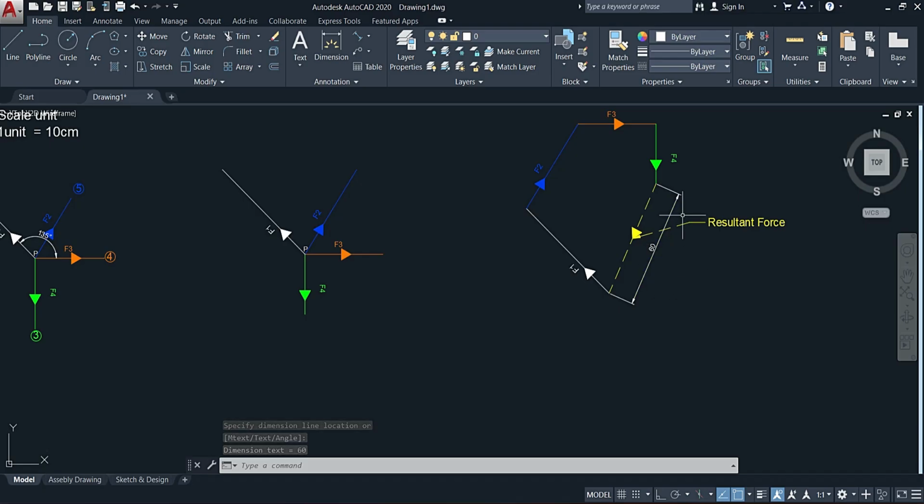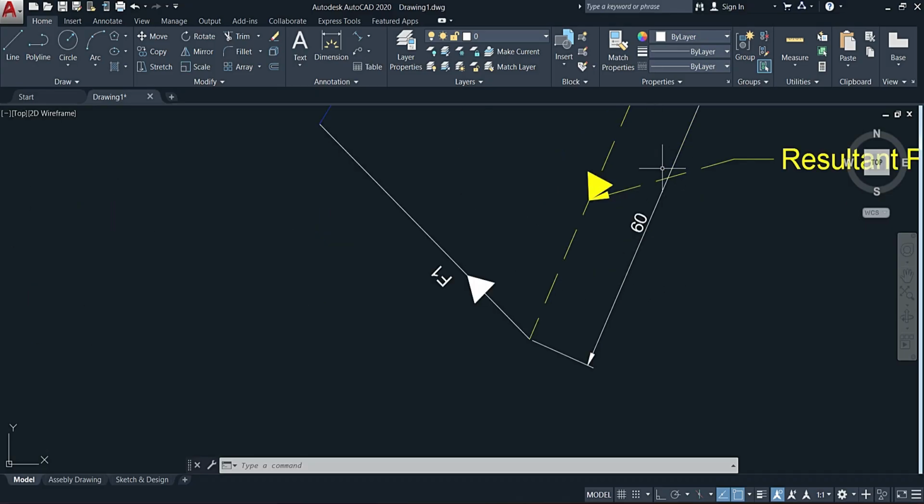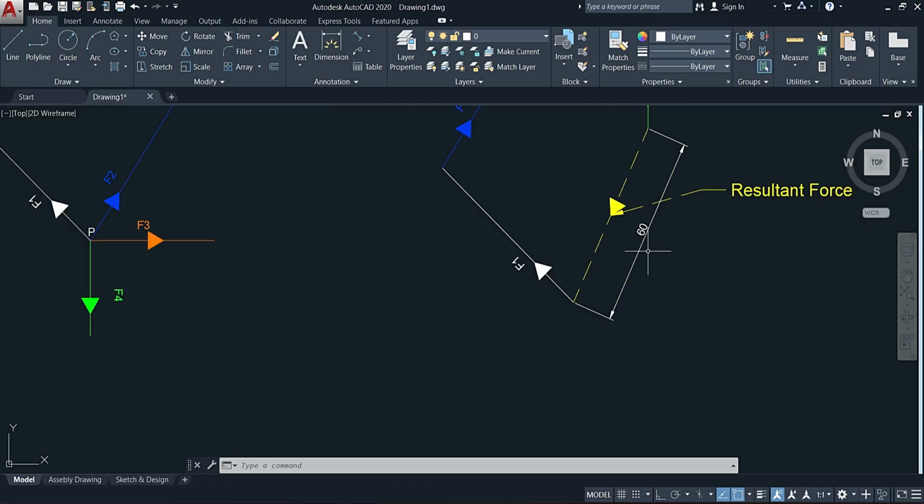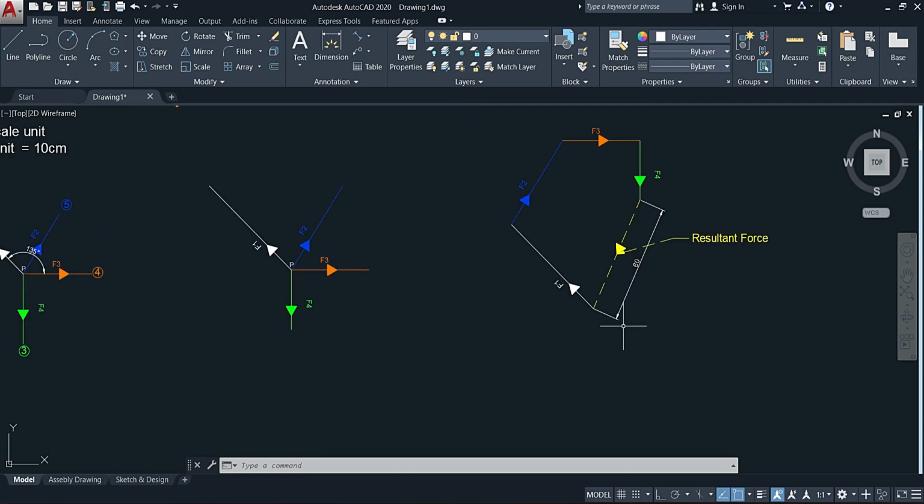Now, based on what we know, for every 1 unit, that is equal to 10 centimeter. So it simply means that we need to divide this 60 centimeter by 10 centimeter, and we're going to get 6 as our force.